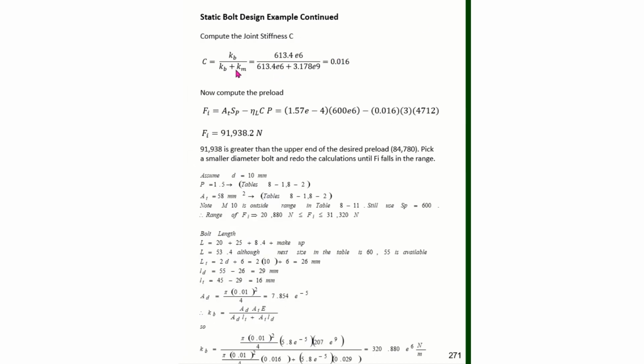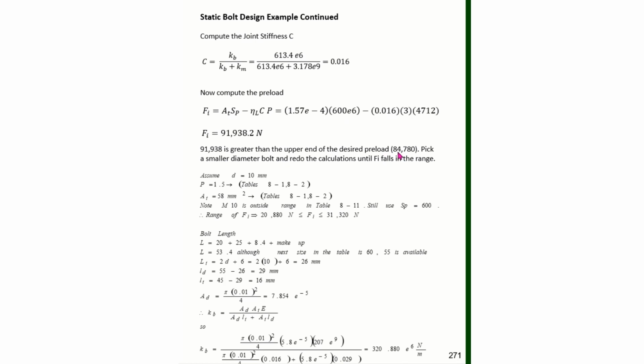So now I can compute the joint stiffness C by KB over KB plus KM, and I get 0.016. So I now come and compute the preload. I have all the terms and I can compute the preload, and I get 91,938, which is greater than the upper end of the desired preload.